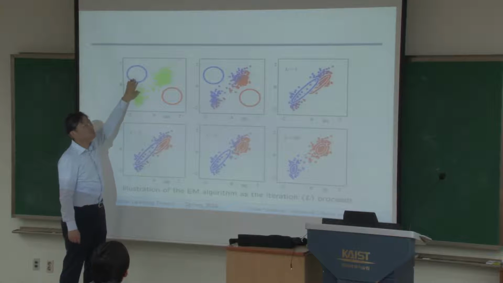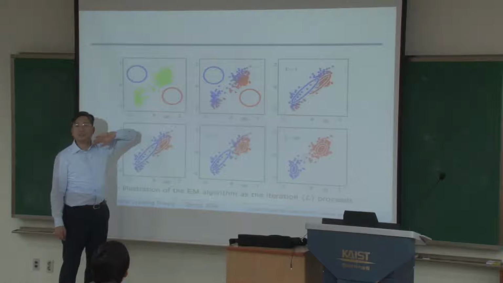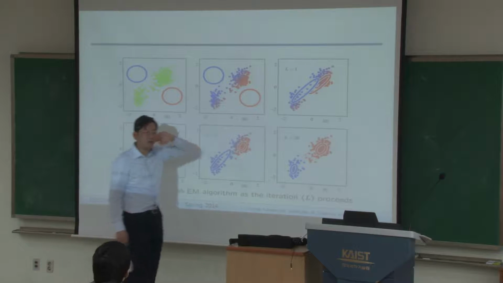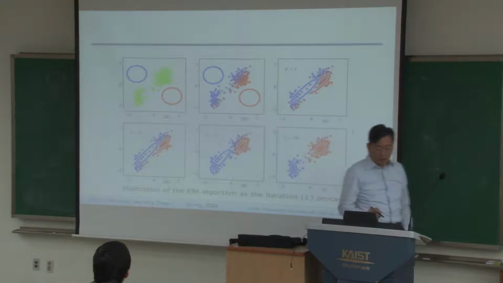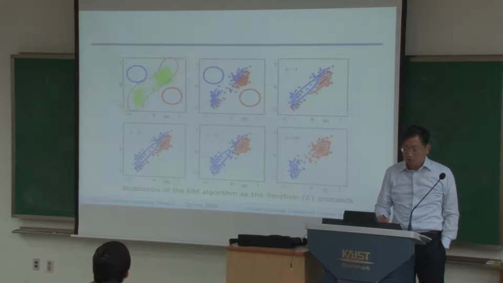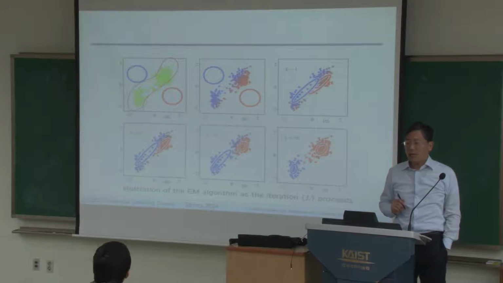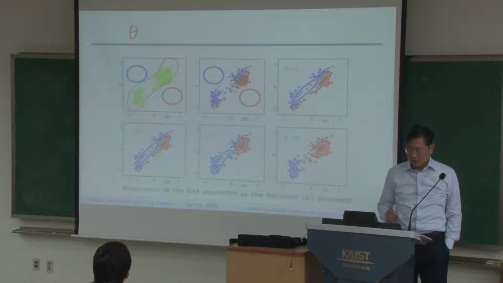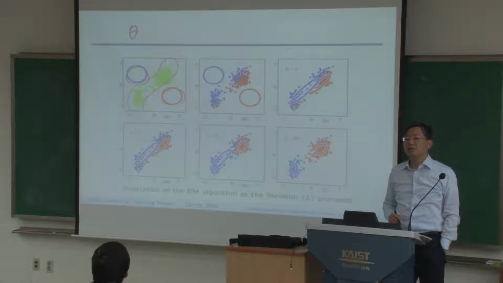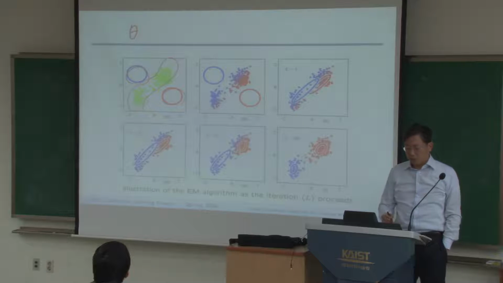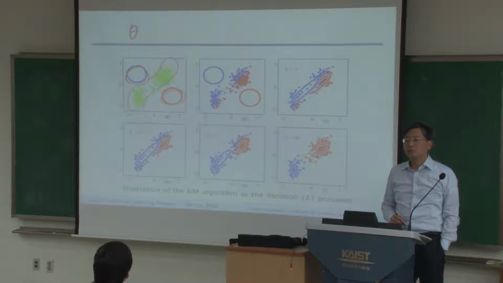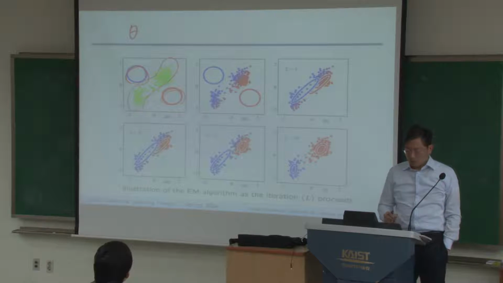I've made an initial guess of what the theta value is. Initial value of theta. So here is data, this green thing, without any label. And my initial guess of theta is this blue thing and red thing. What does that mean? 그러니까 어떻게 잡았다는 얘기죠? 이렇게 동그라미 이렇게 잡았다는 게.